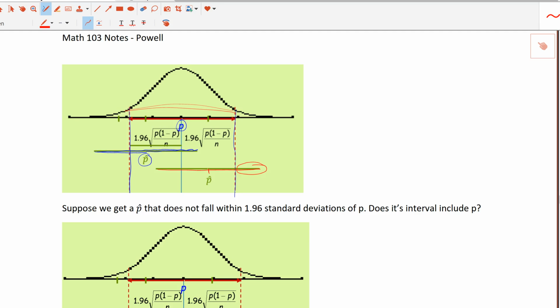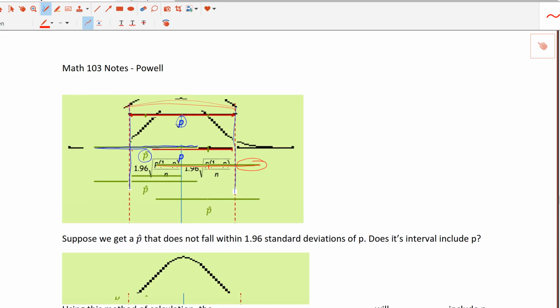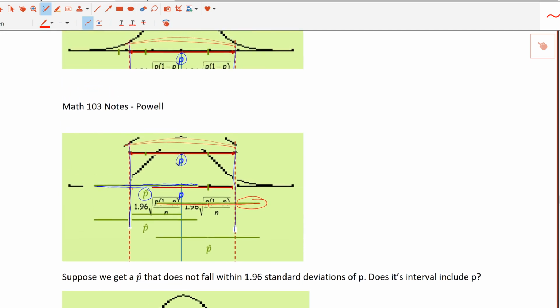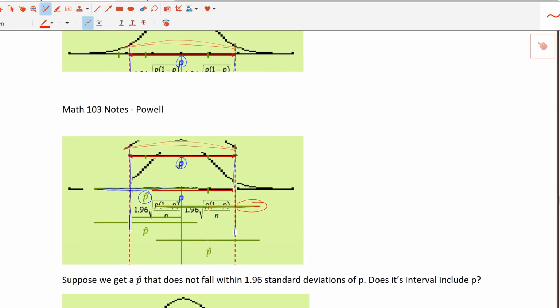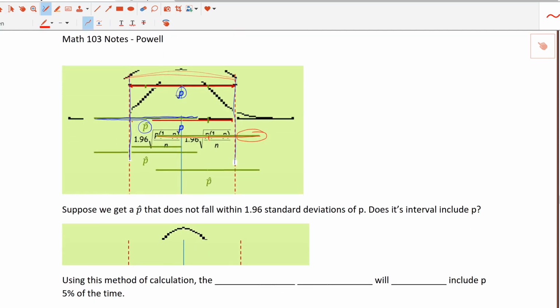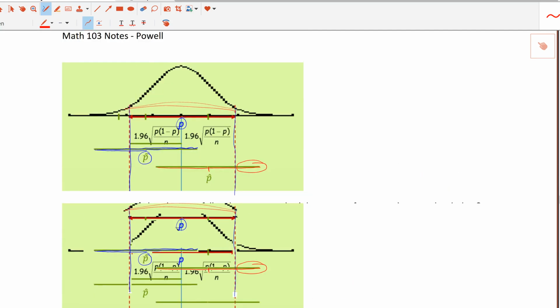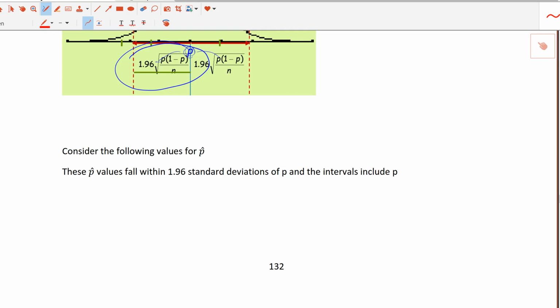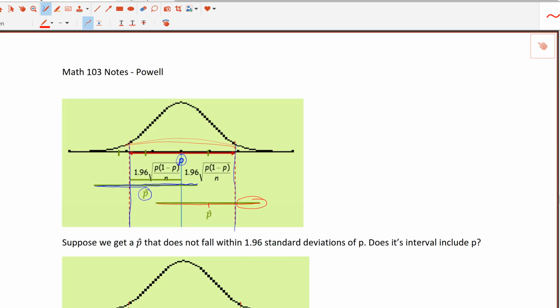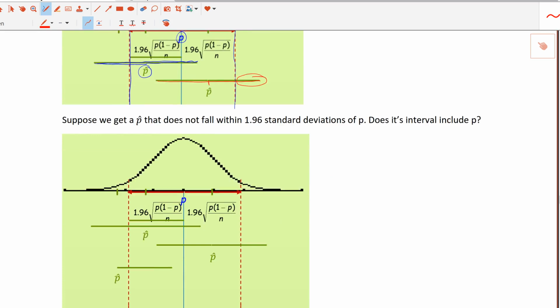So suppose that we look right here. Okay, let's go back here. Looks much better now.